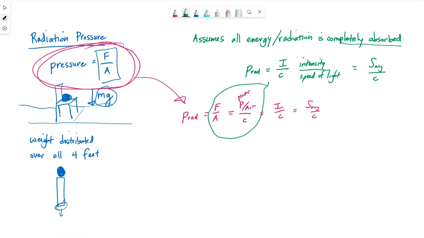In this relationship, these areas are not necessarily the same thing. They're not the same. When we talk about pressure, the area in the denominator here is the area the force is applied to.